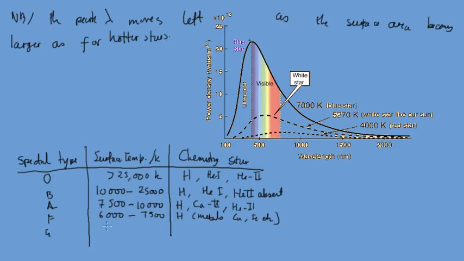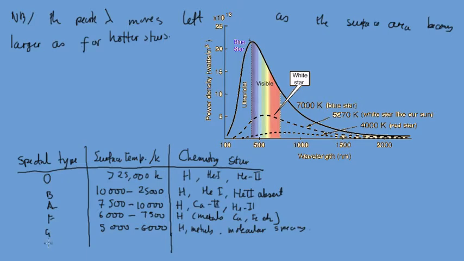A G star is going to be between 5,000 and 6,000. Still got hydrogen burning away there. Metals, and there's going to be some more molecular species happening there too.